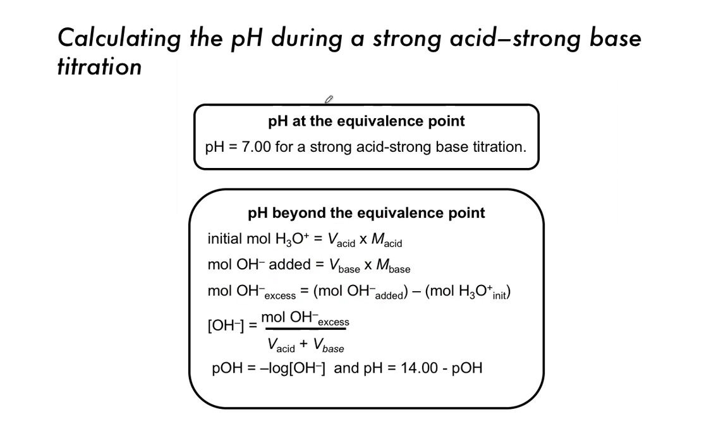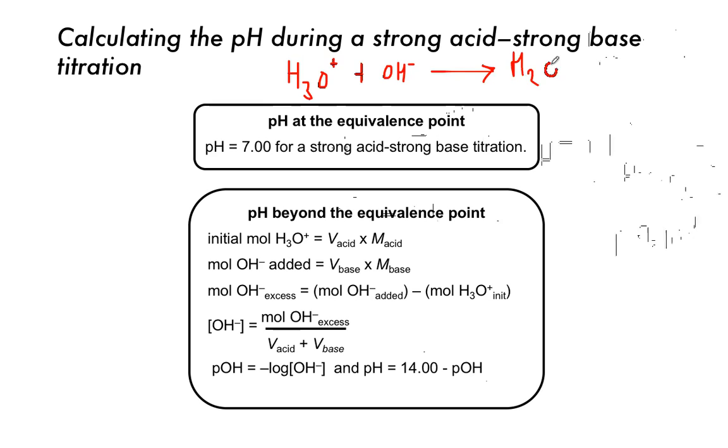Remember that in a strong acid, strong base reaction, we have hydronium ion, H3O plus, which came from, for example, our hydrochloric acid, plus our hydroxide, OH minus, and those will react to give 2 water molecules.